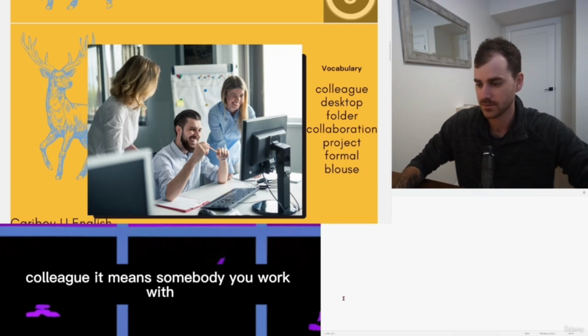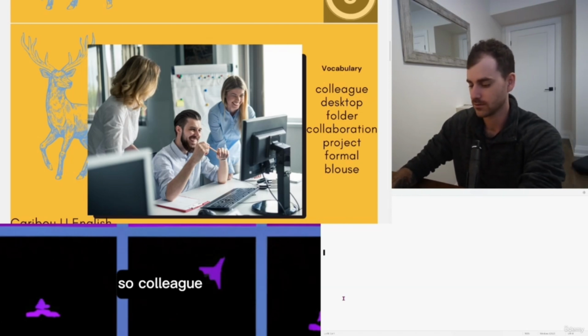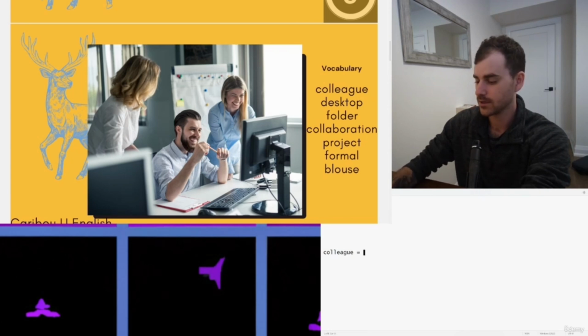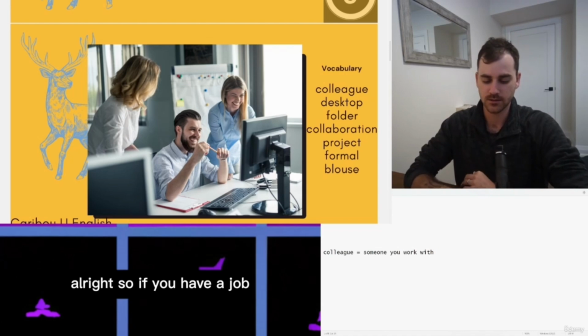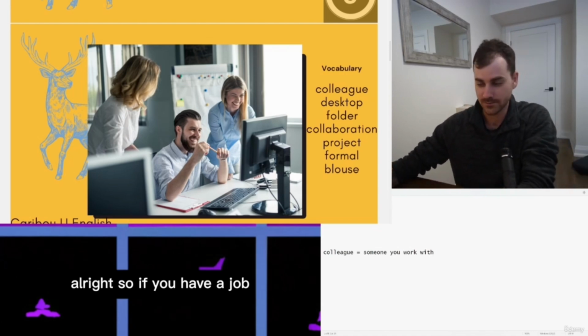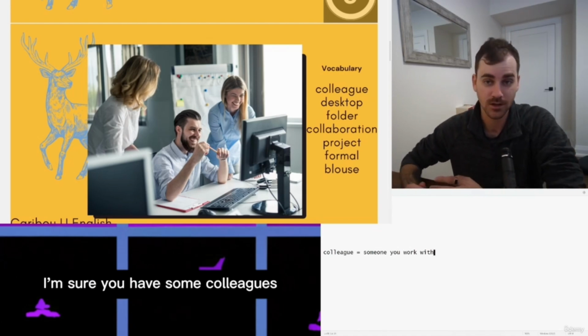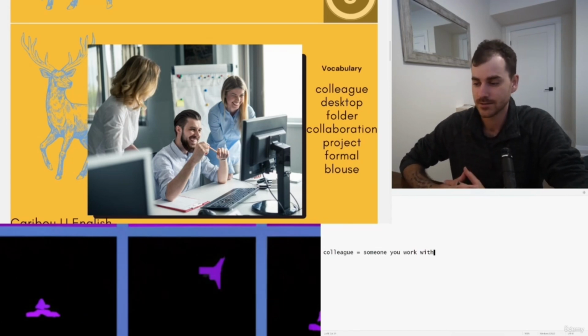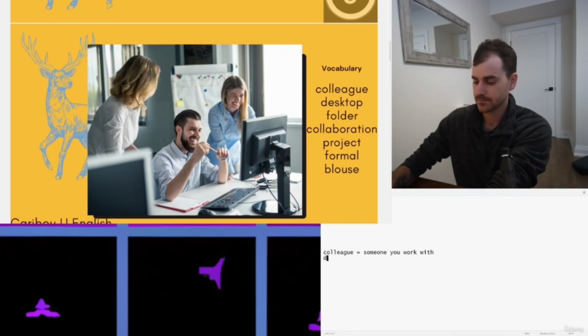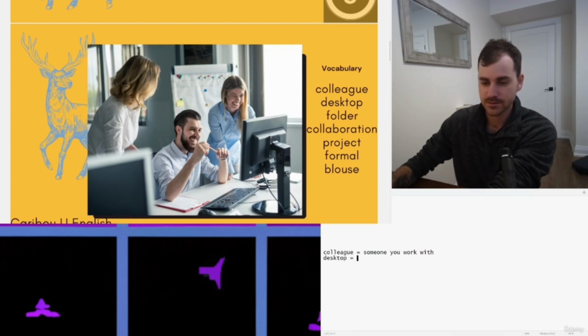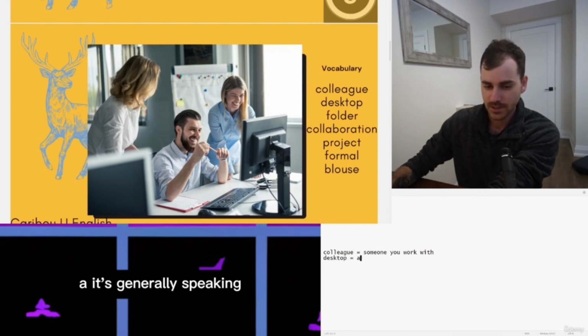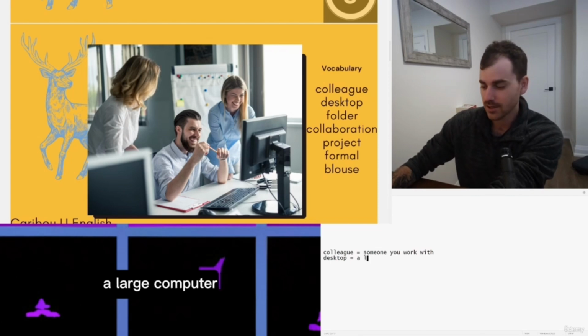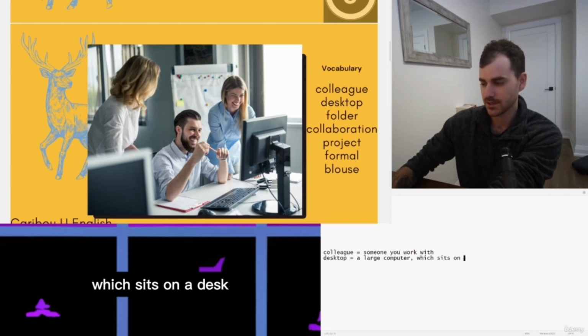Colleague, it means somebody you work with. So colleague, someone you work with. All right, so if you have a job, I'm sure you have some colleagues. Desktop, that means, generally speaking, a large computer which sits on a desk.